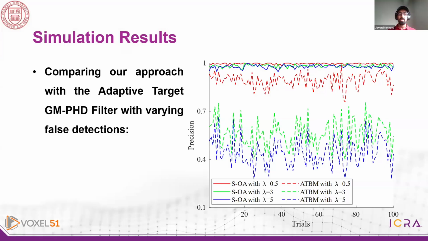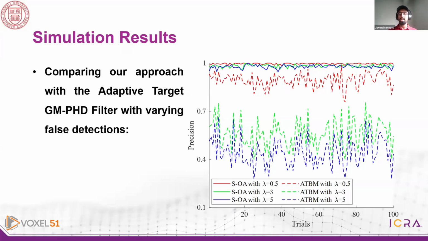Next, we evaluated our method against the adaptive target PhD filter, specifically with varying noisy measurements, with increase in noisy measurements, to understand how robust our method is as compared to the adaptive target PhD filter.